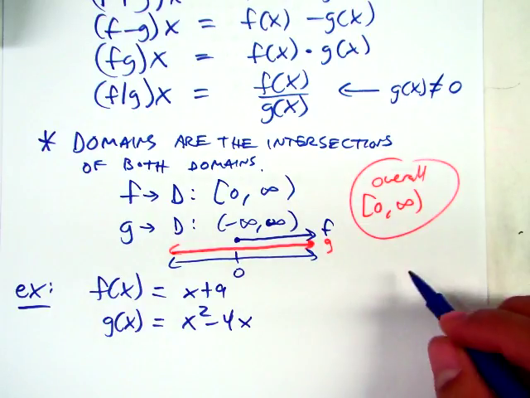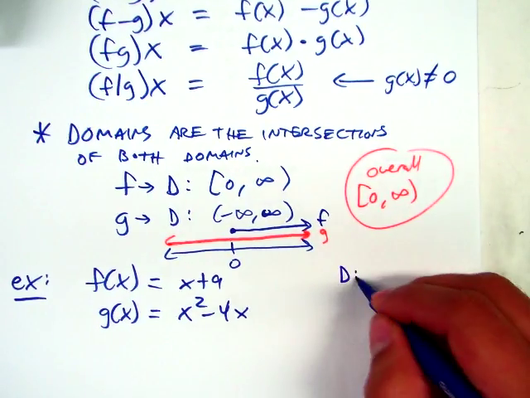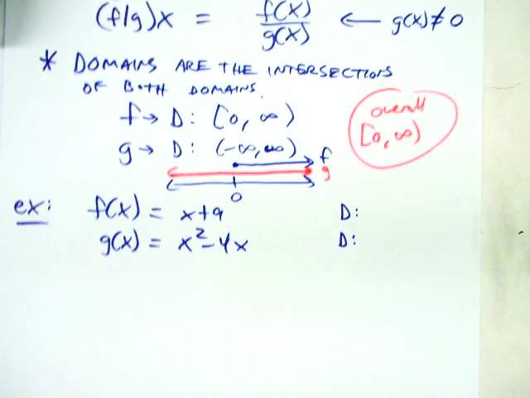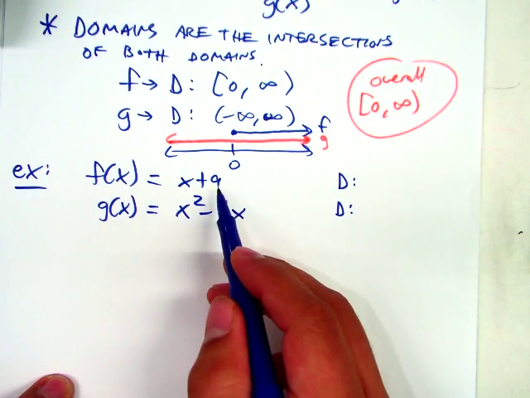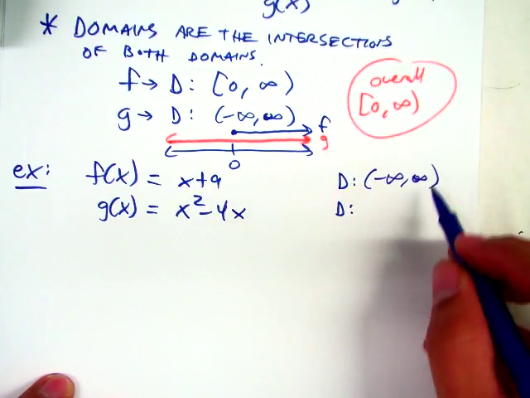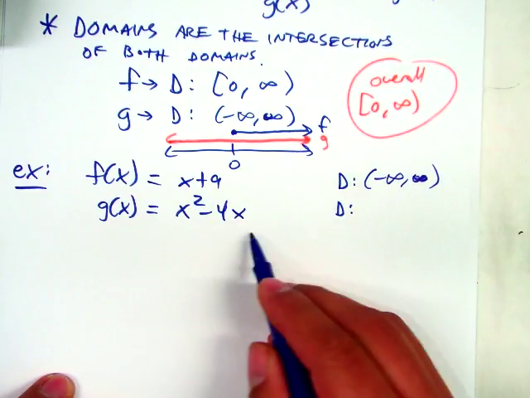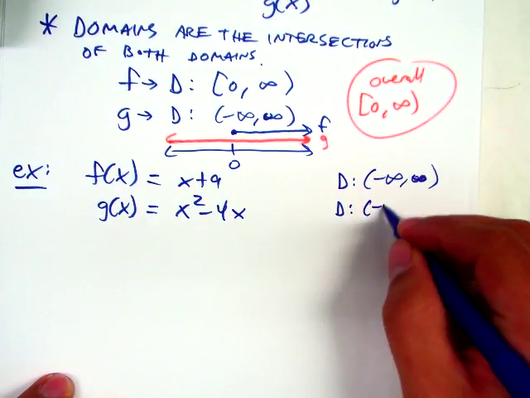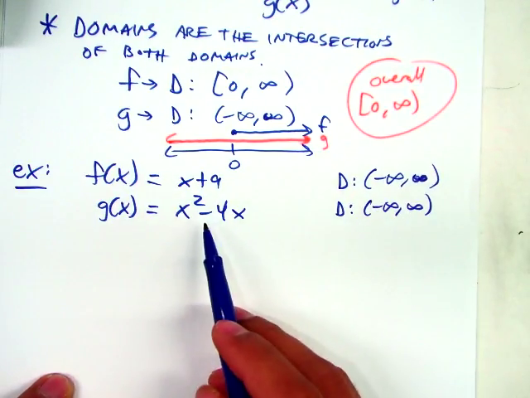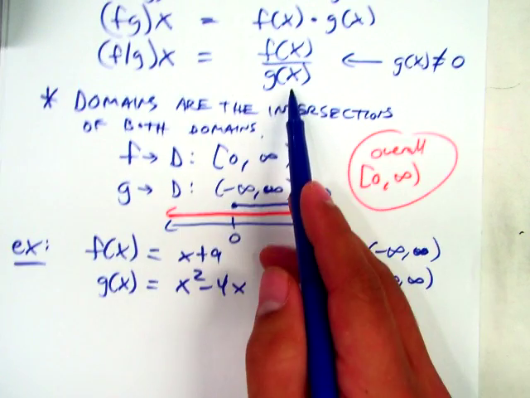Currently, let's write the domains for both, just so we know what we're working with here. What's the domain for x plus 9? Good. What about this quadratic? Also all real numbers. So it looks like we're not going to have any issues with domain at all unless maybe we're dividing. So we'll deal with the division when we get there.